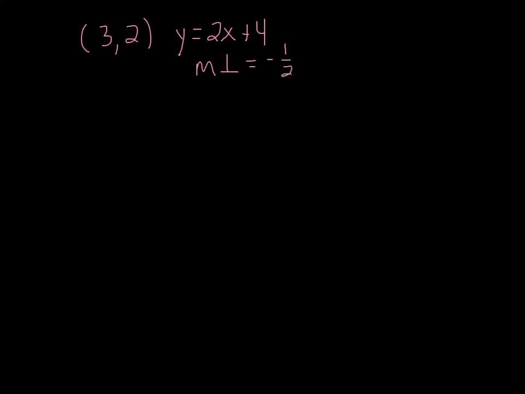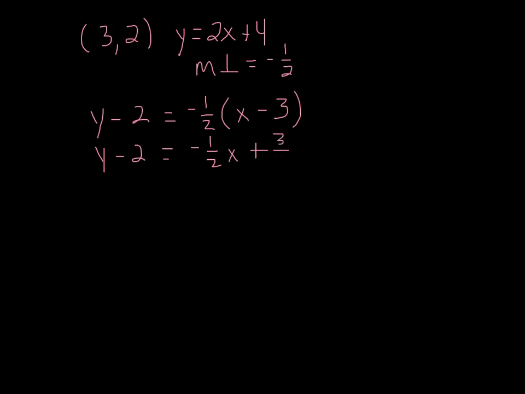We got our point and we got our slope, so y minus 2 equals negative 1/2 times x minus 3. We distribute: y minus 2 equals negative 1/2 x plus 3/2. We add 2, and we got y equals negative 1/2 x plus 2 and 3/2.